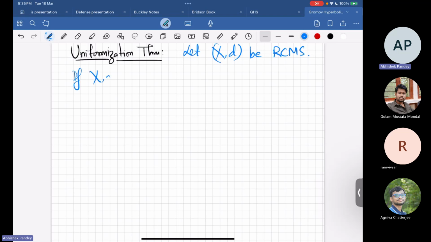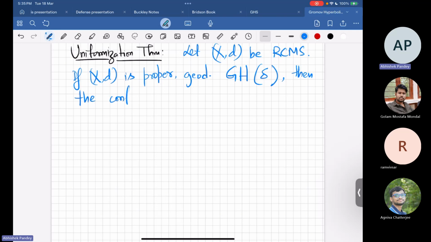If (X, d) is proper, geodesic, Gromov hyperbolic, for some delta, then the conformal deformations X_epsilon, which is (X, d_epsilon), are bounded, this we have already seen, I have written the exercise.